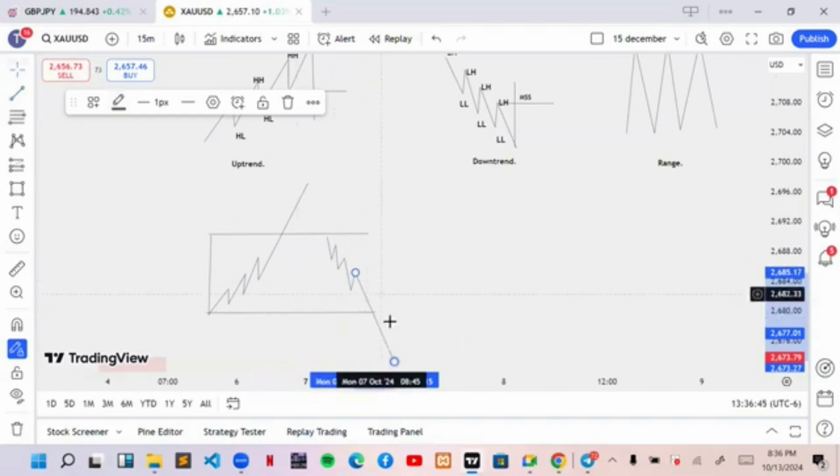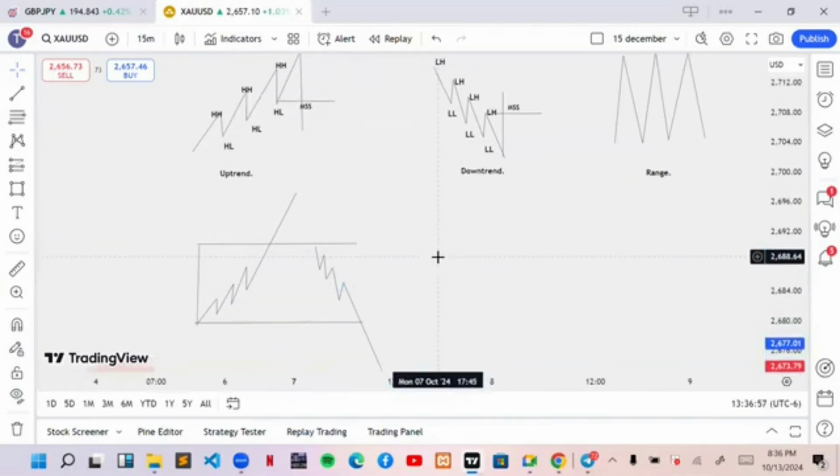If it was a market structure shift, with the market on a downtrend, what you now start looking out for is buys. But since it's a break of structure, the market will break a key level, but it will still remain in the current trend it was on before. That's the difference between a break of structure and a market structure shift.